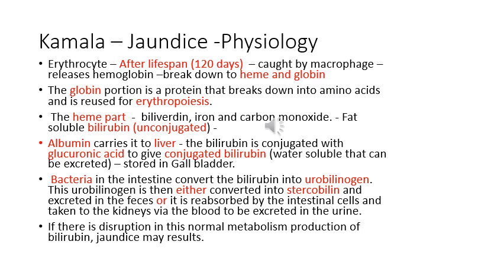Whereas the heme part divides into biliverdin, iron, and carbon monoxide, and the biliverdin is again reduced to bilirubin, that is unconjugated bilirubin. So the heme part forms the unconjugated bilirubin.